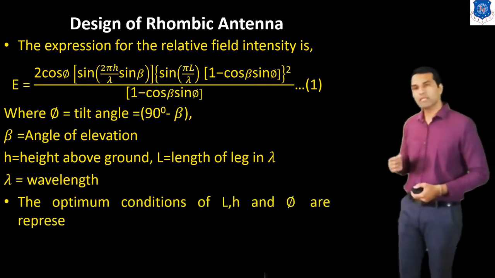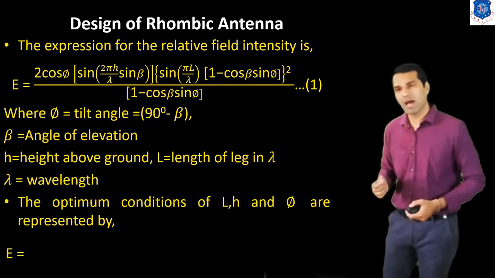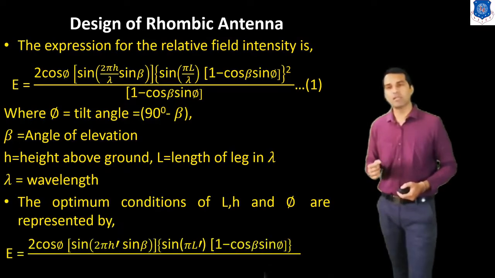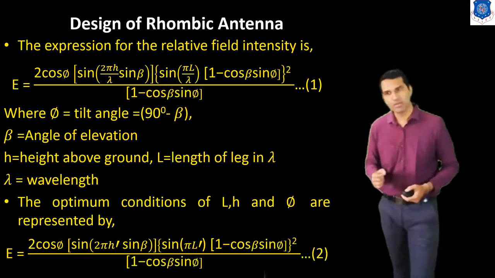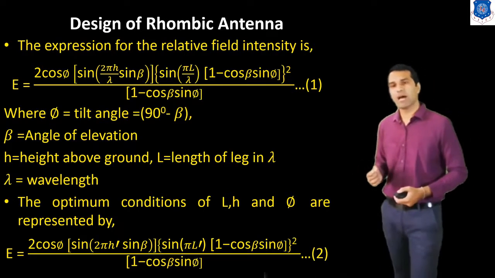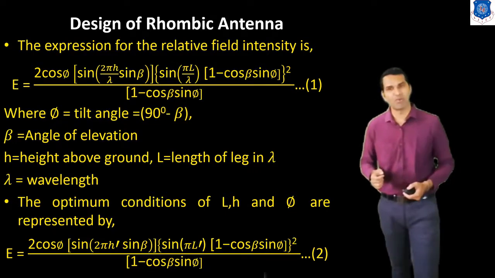The optimum conditions of L, h and phi are represented by E equals 2 cos phi sine(2 pi h dash) sine beta sine(pi L dash (1 minus cos beta sine phi)) square upon 1 minus cos beta sine alpha.